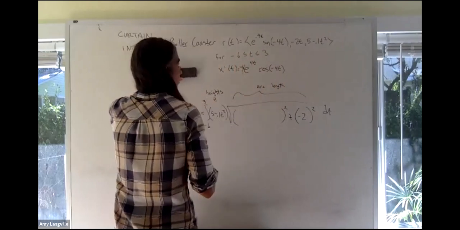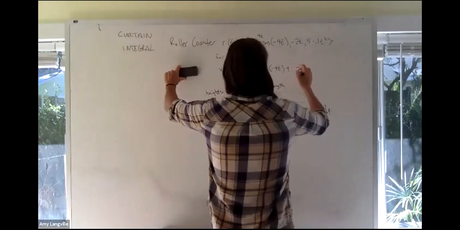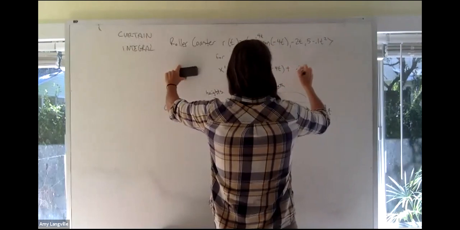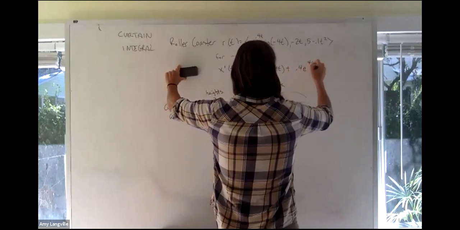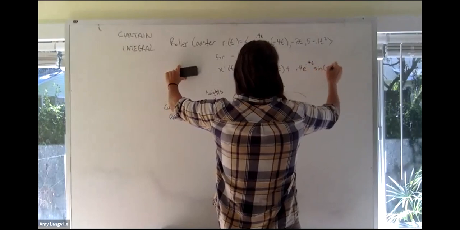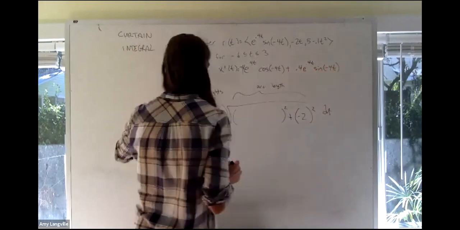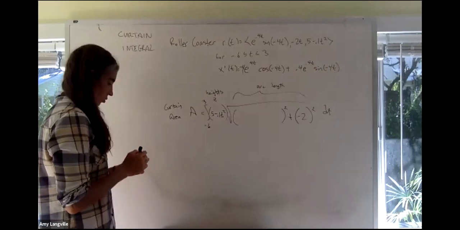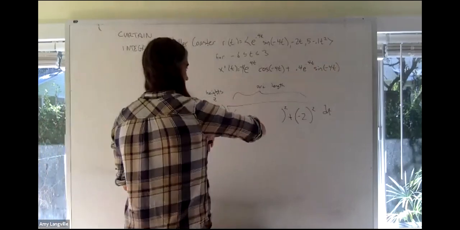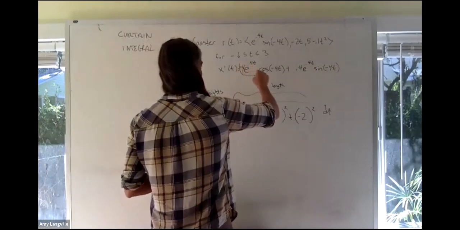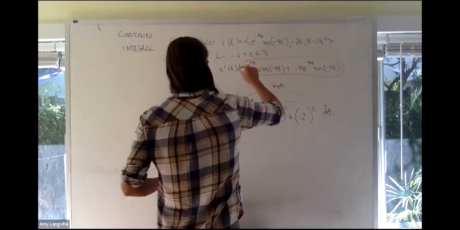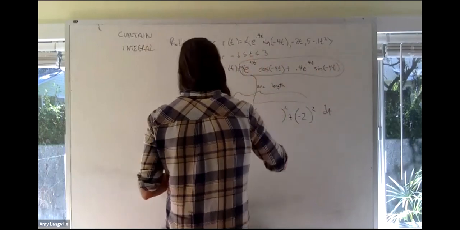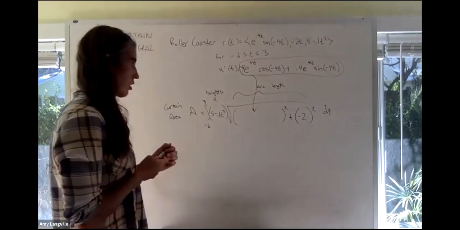Plus the second times the derivative of the first. So that's a 0.4 e to the 0.4t sine -4t. So all of that needs to get squeezed in here. And then we need to do that integration.